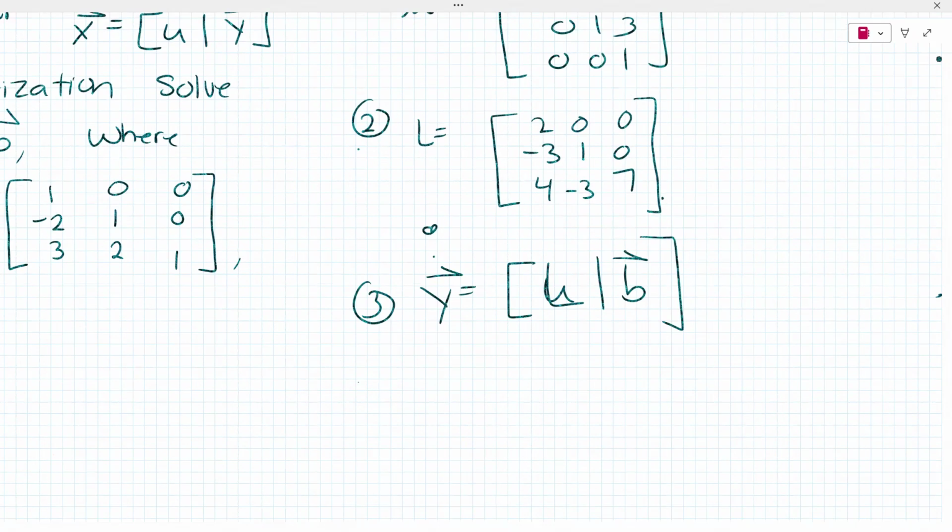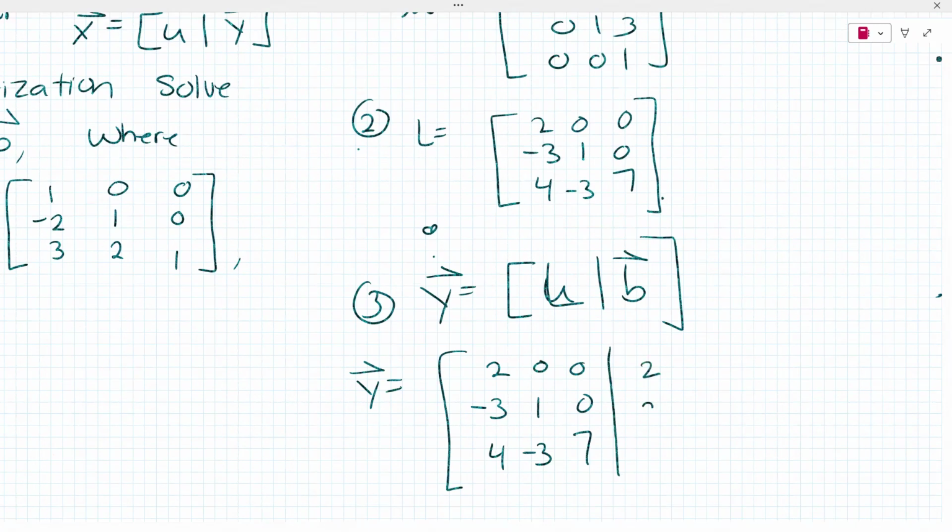So that's going to be 2, 0, 0, -3, 1, 0, 4, -3, 7, augmented with vector b, which is 2, 2, 3.